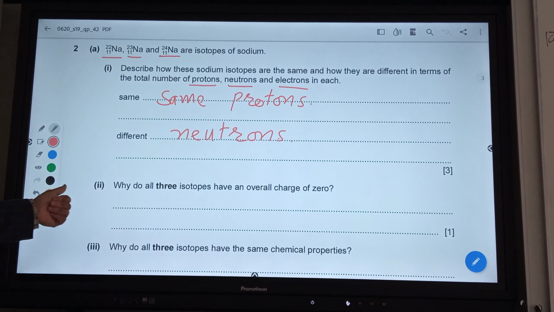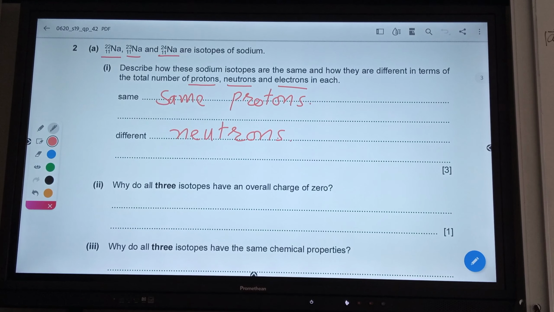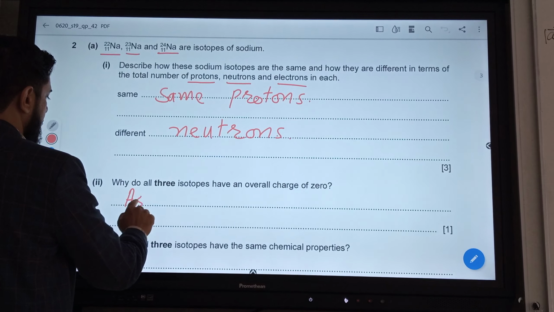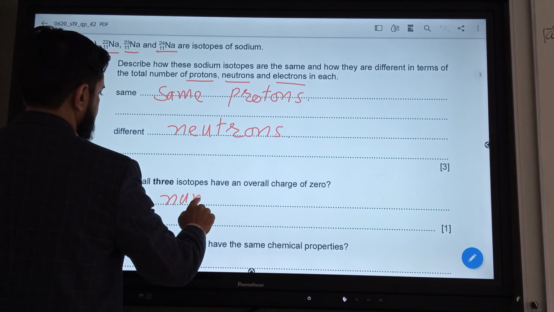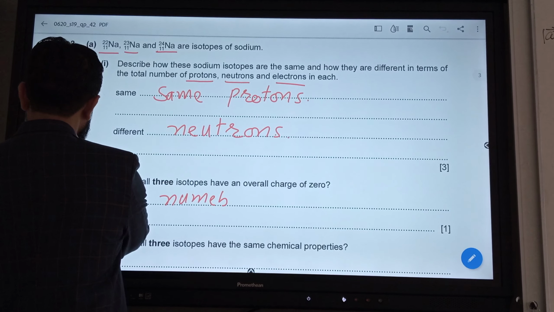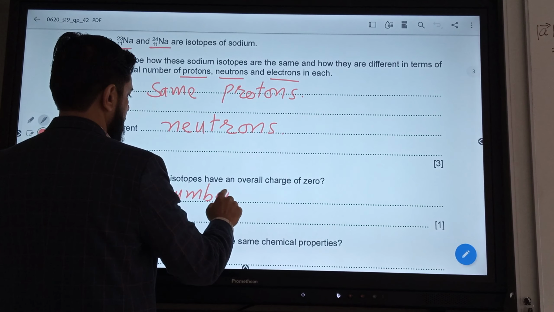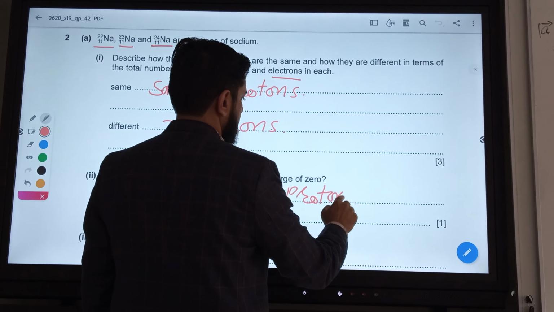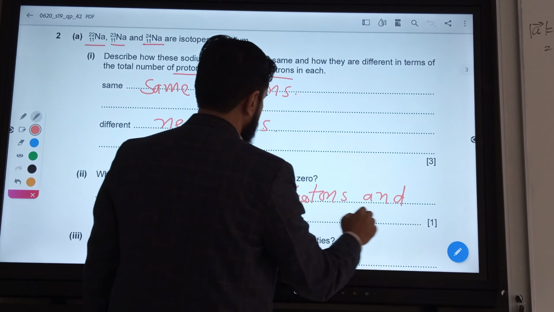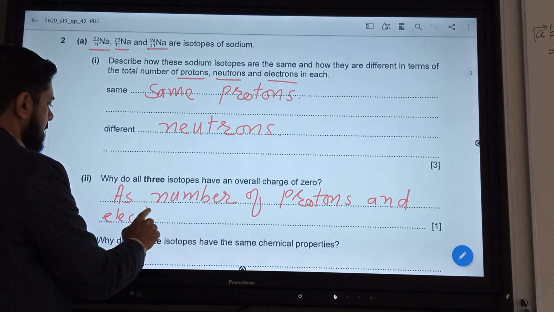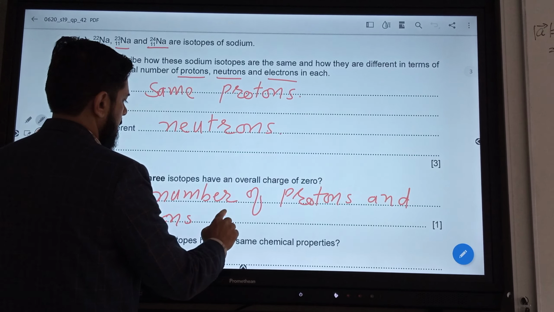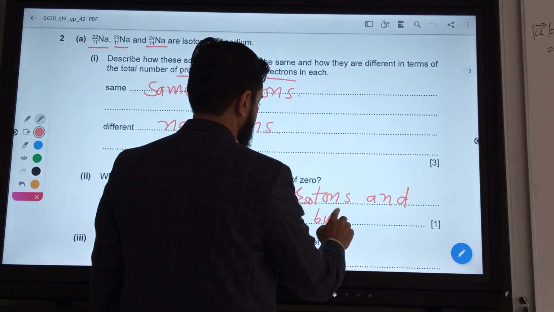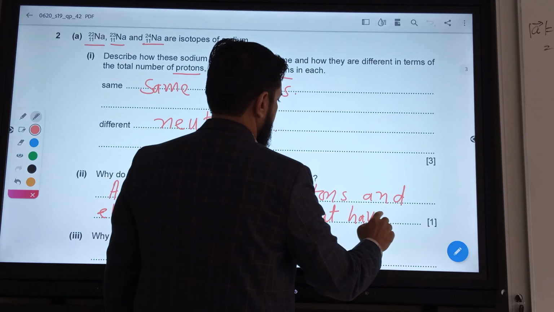The next part: why do all three isotopes have an overall charge of 0? So we can say the number of protons and electrons are the same but have opposite charges.